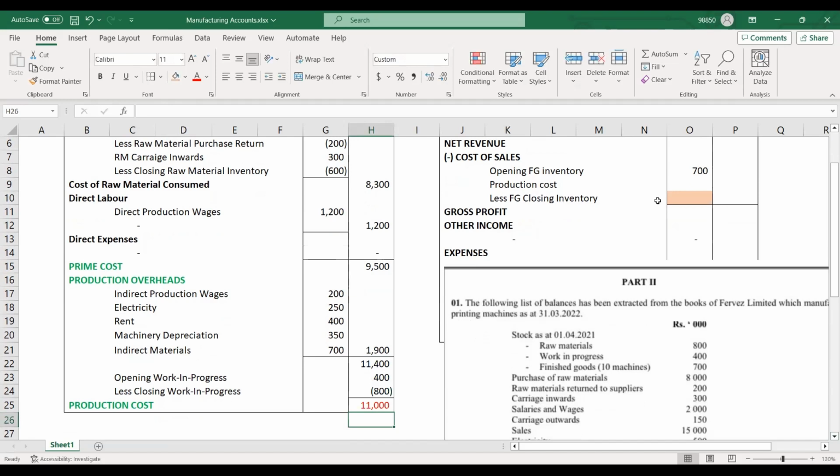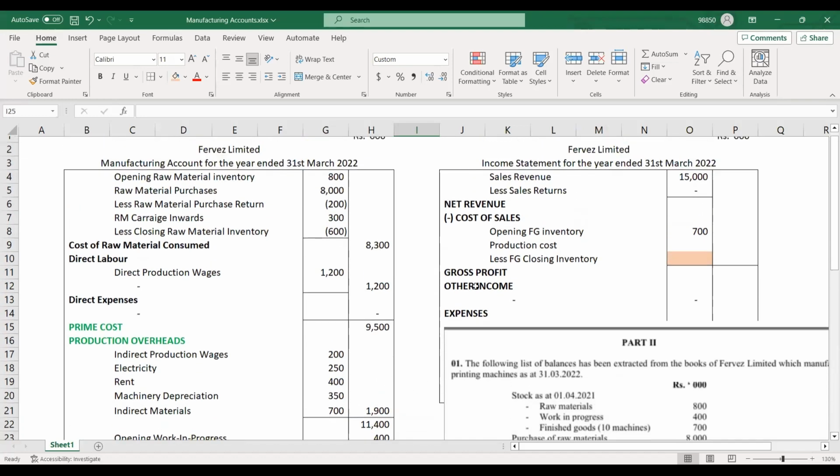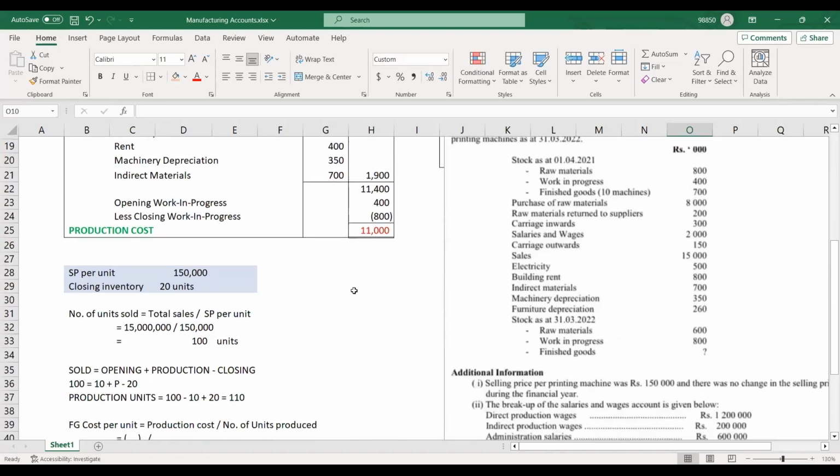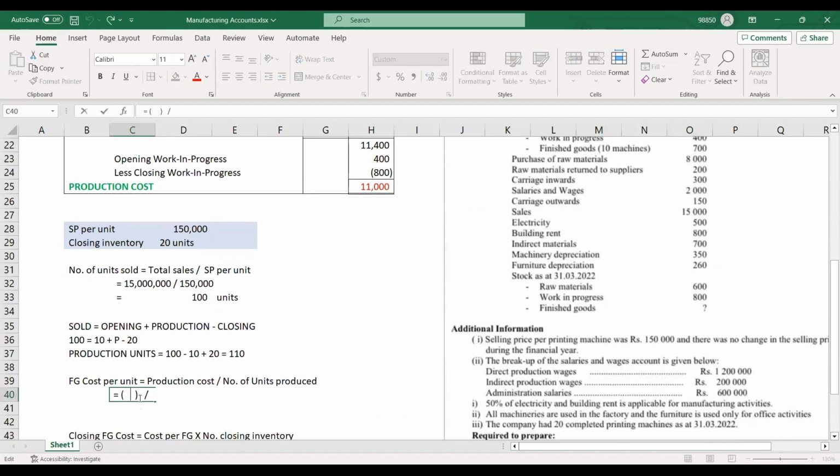You get 11,000. Shafika and Fatima, that is right. So now you directly know, right? 11,000. And immediately what you do after you get this 11,000 is transfer it here, 11,000. Now you know that is a production cost. And we can also substitute it here. So we know that this is 11,000.